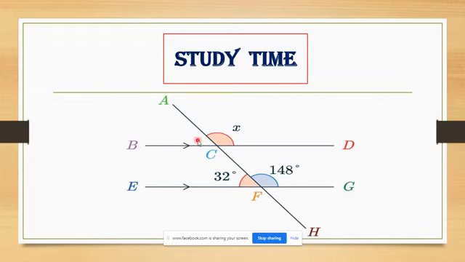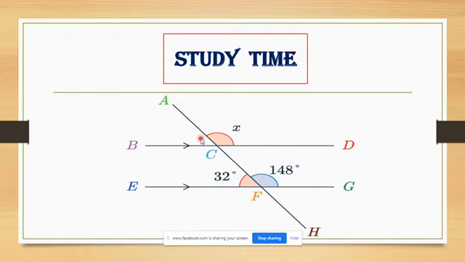You can draw the figure, and if this is 32 degrees, see my pointer, what could be the angle ACB, this angle, and this angle 32? Could it be 32 or 23? If this is 32, what is the reason?